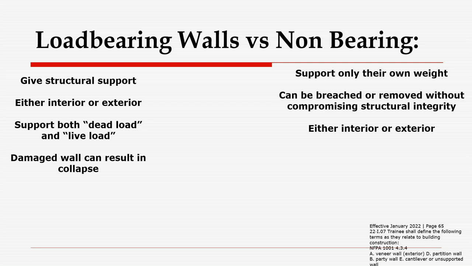These are typically things that are non-stationary, or they're more mobile. So those are the things that can add to the load of the structure. Your non-bearing walls support their own weight. You can remove these or breach through them without compromising the integrity of the structure, and they can also be found interior and exterior as well.